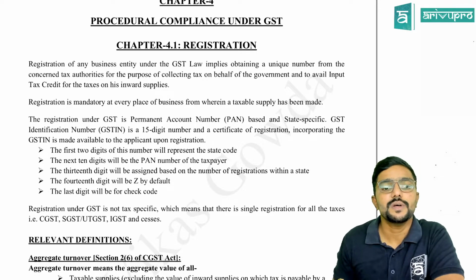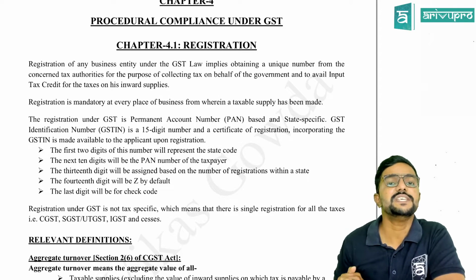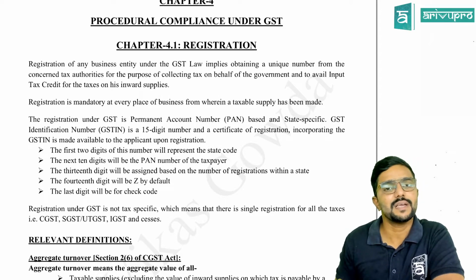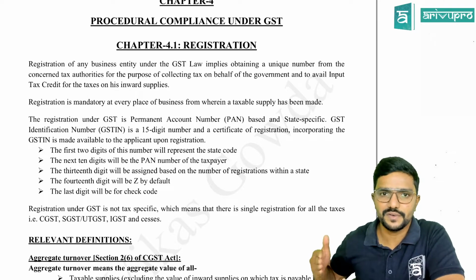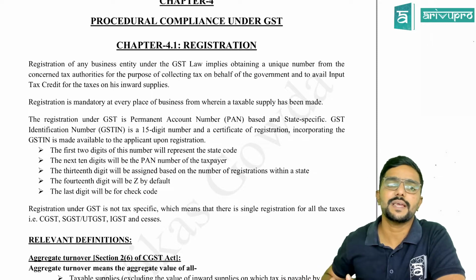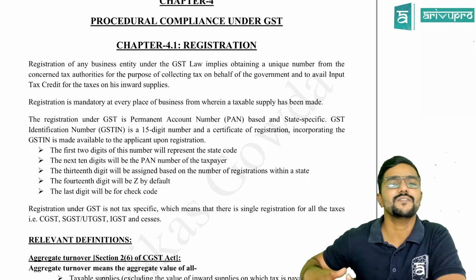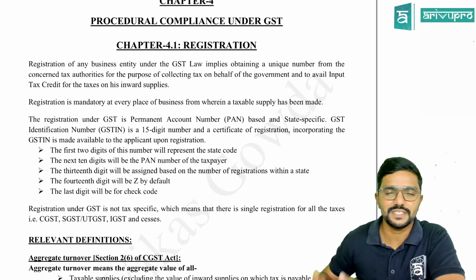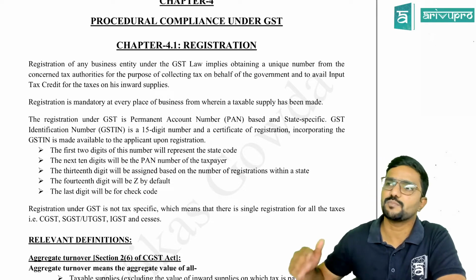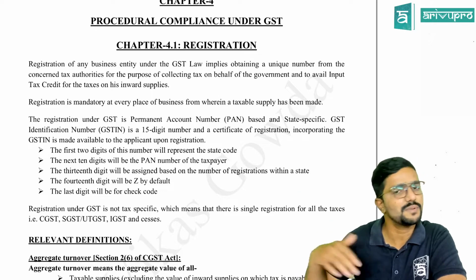Clear? The registration topic is covered in sections 22 to 30 of the CGST Act, which is applicable under the IGST Act also. Whatever registration provisions we learn are the same for both intrastate supply and interstate supply. If a person is supposed to get registered, he will get registered whether he is providing intrastate supply or interstate supply; that is secondary.